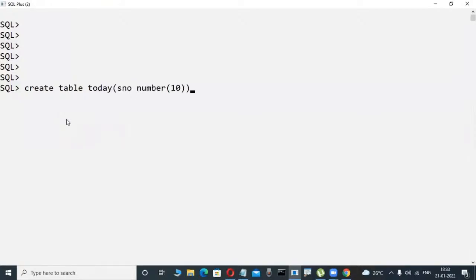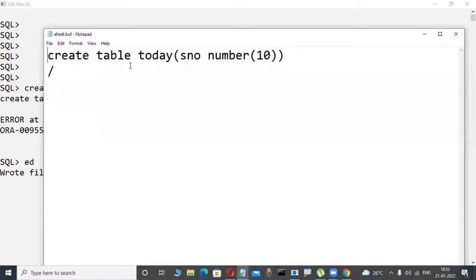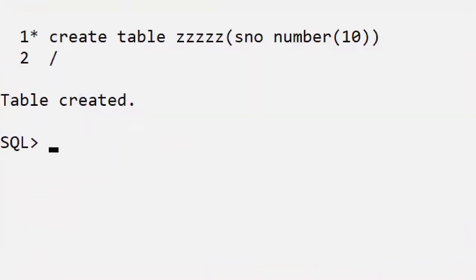Slowly observe it here. Yes, concentrate here. Suppose Z is a table. Observe it here, Z is a table. For example, I am creating it. Okay, fine. For example, this table is created.